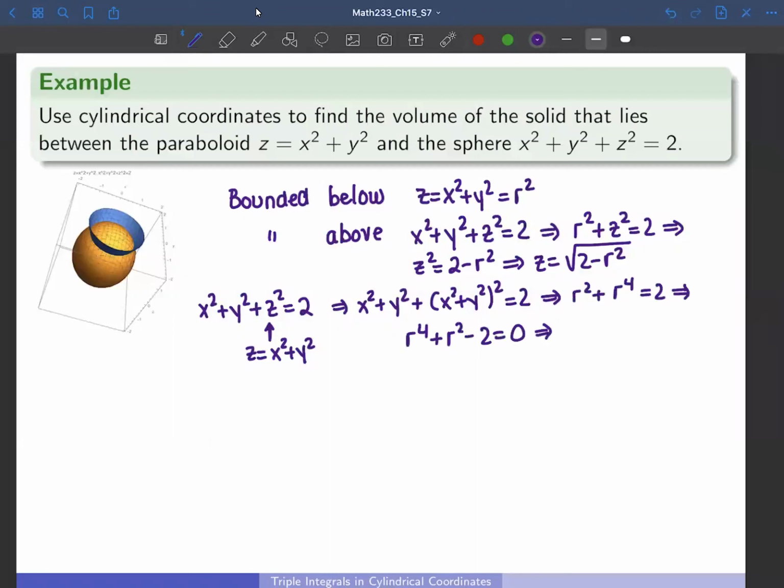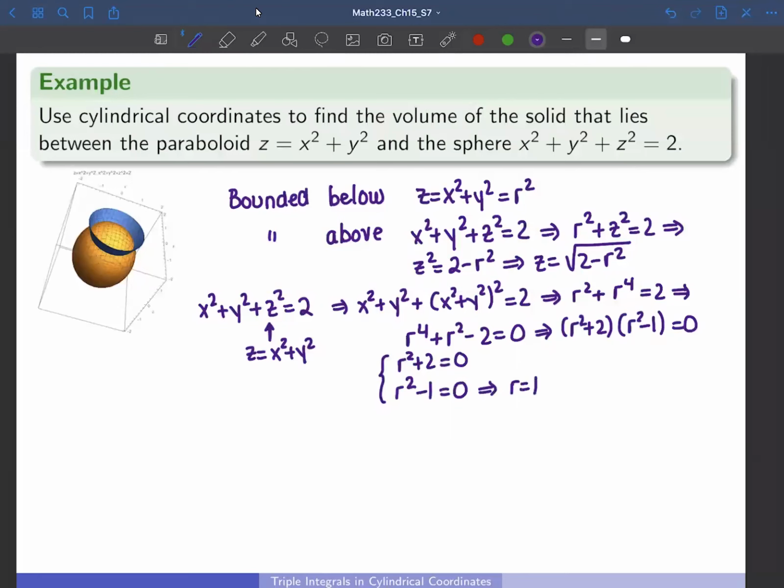Factoring that, we get (r squared plus 2) times (r squared minus 1) equals 0. From the two roots, r squared plus 2 equals 0 doesn't give any real values. So we will only consider r squared minus 1 equals 0, which gives us that r is equal to 1, since r should be positive.